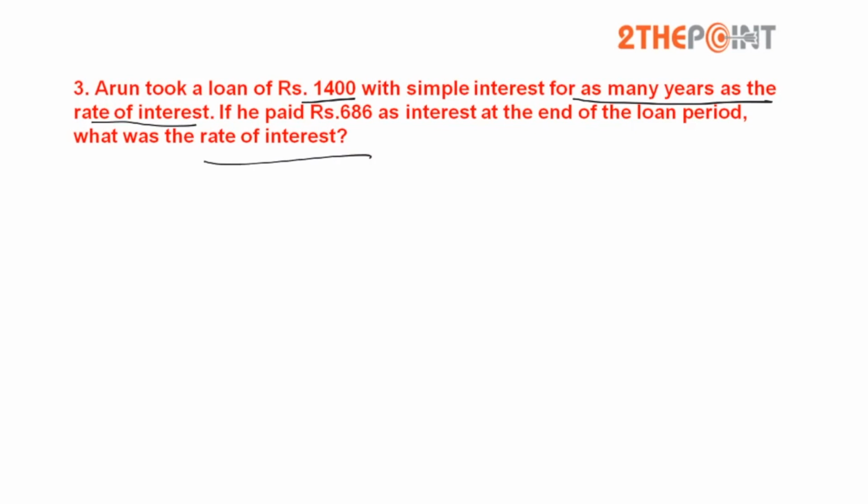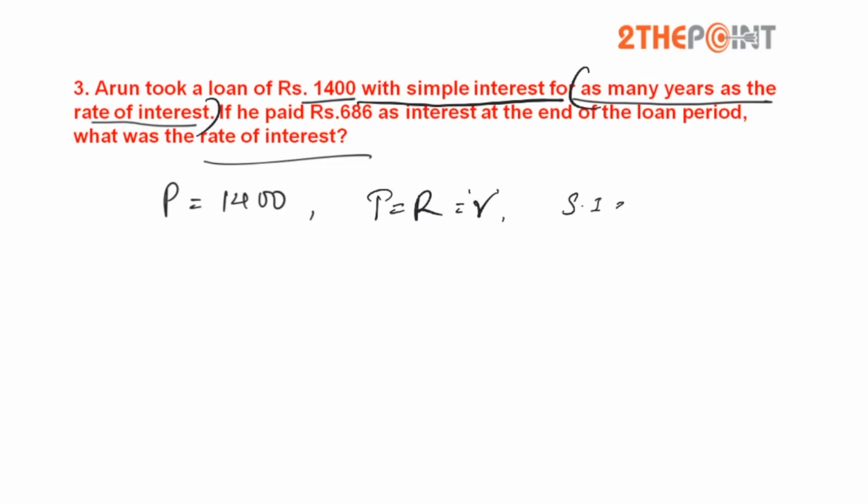Here, principal amount, that is loan took by Arun, is 1400 rupees, and it is clearly mentioned that he had took a loan with simple interest for as many years as the rate of interest, that is time period and rate of interest will be same. Let's take T is equals to R is equals to small r, and he paid back simple interest 686 rupees. We have to find out the rate of interest.